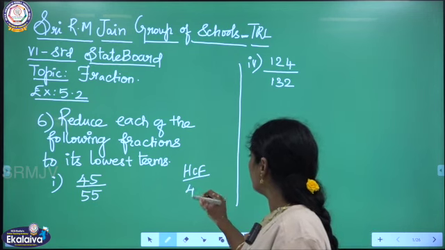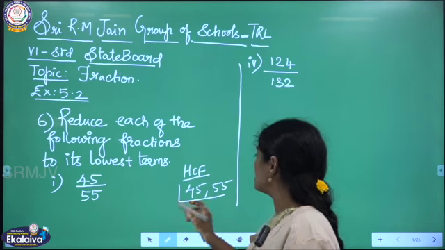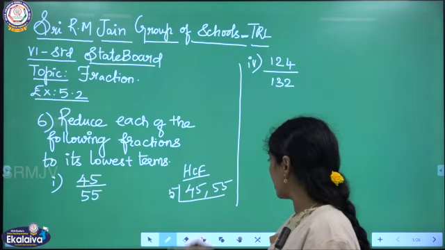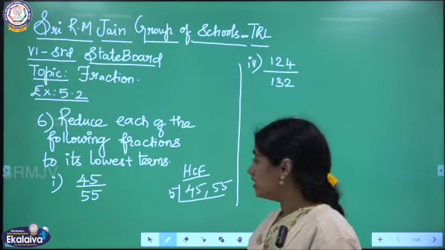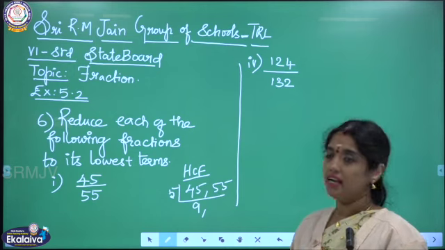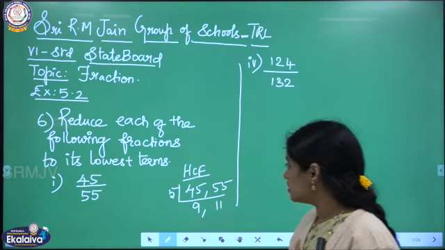So listen, 45 and 55, I am going to take the HCF. 5 is a prime number, is it? I can divide only by a prime number. So 5 nines are 45, 5 elevens are 55. Is it clear, children?